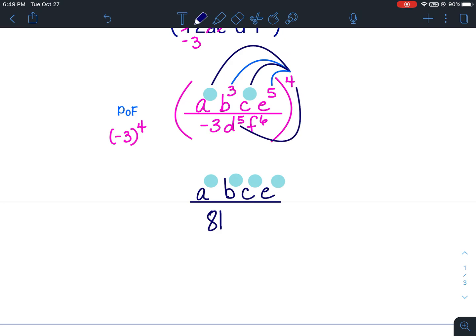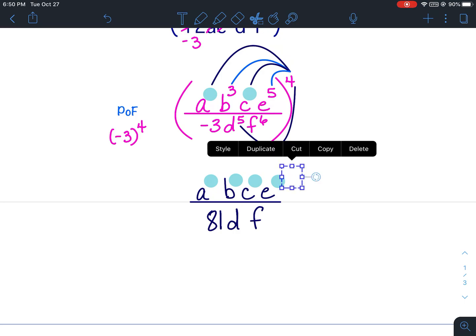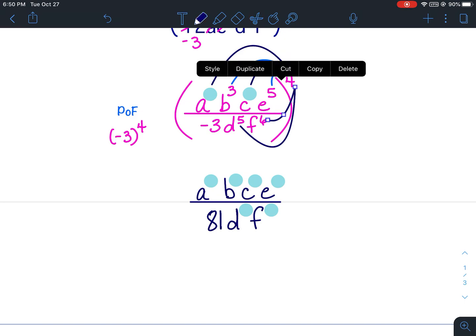And then again, I'm multiplying my exponents.